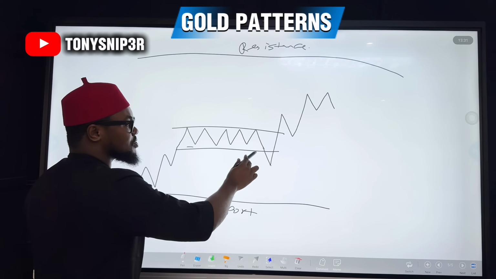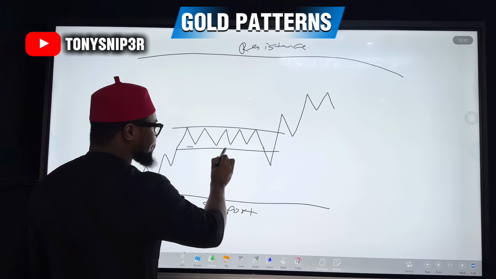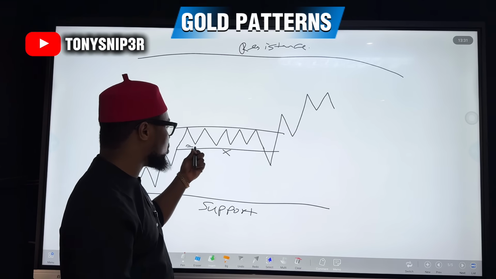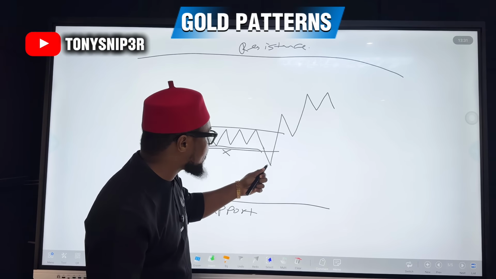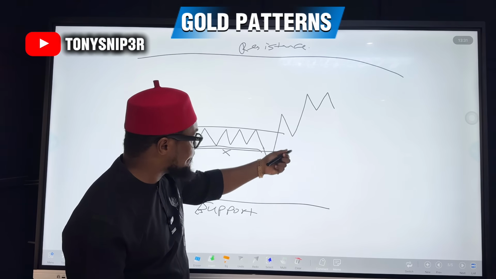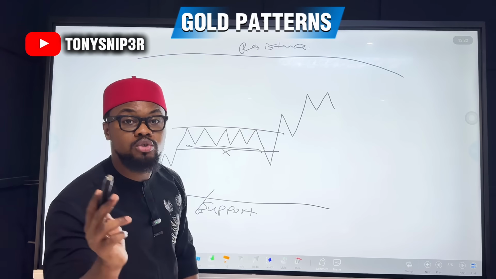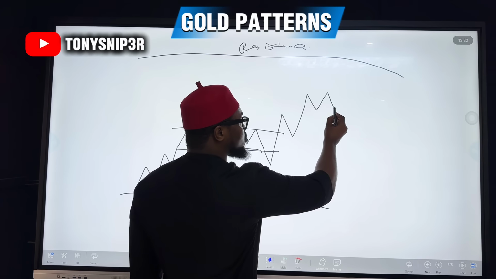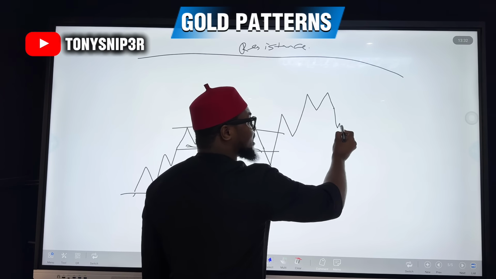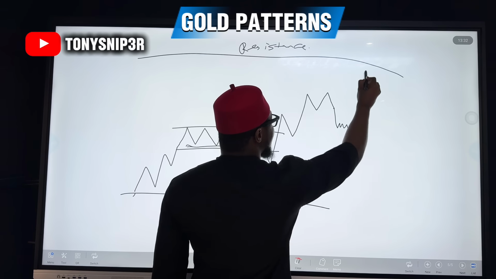Then the market started consolidating. Then the market dipped down to clear what? Liquidity that were built up here, right? Then the market pushed back to the upside, came back to test here, went back up, then gave you a double top. What you want to do is to wait for that market to retrace back to this zone. Immediately you start spotting consolidation, start buying the markets.